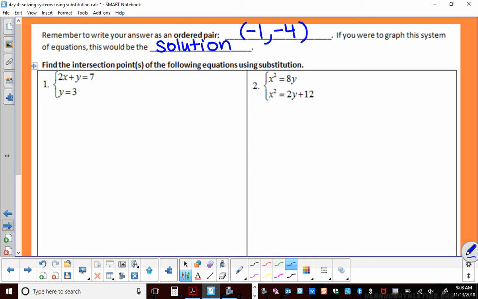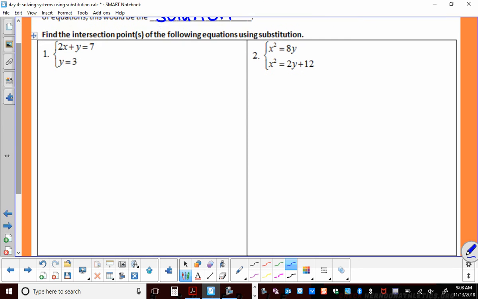So that is another way we can do it. I do not recommend that way. I recommend doing it the easy way. When I say easy way, that means solving for x.